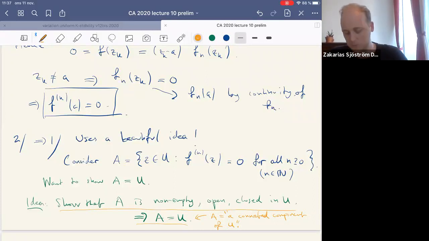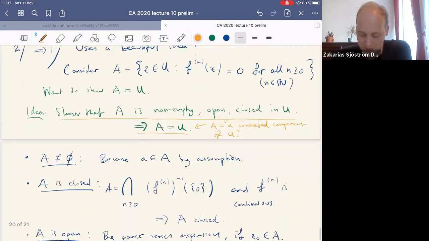If you have a set which is open and closed, then it means simply that it's equal to one of the connected components, or it's empty, if you remember this result. So if I didn't assume that U was connected, then I would not know for sure that A is all of U. So this is where I use it in the conclusion. Is that clear? Yes, it's clear. Okay, good.